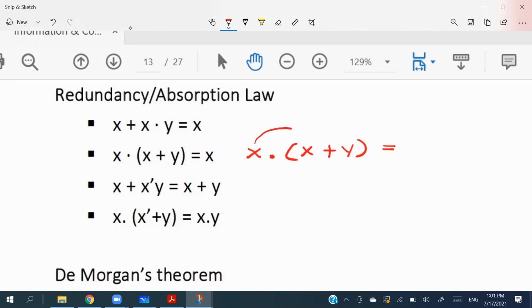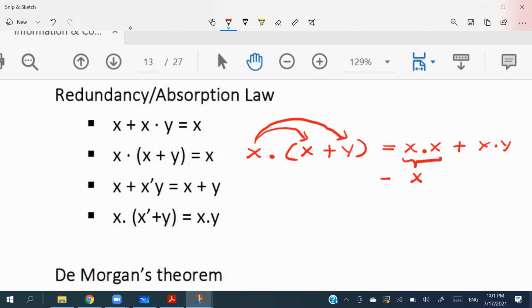That means multiply these two things from the outside. So it gives you x dot x plus x dot y. Right? So you know x dot x equals x.